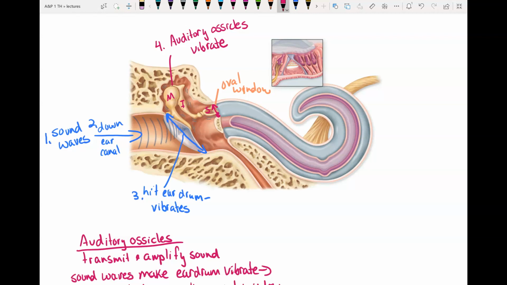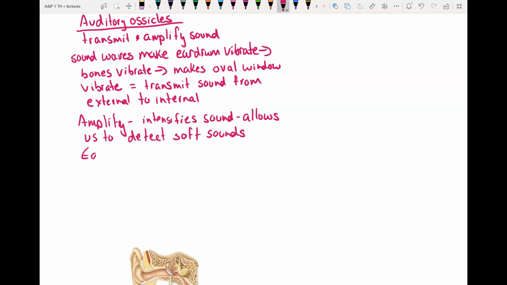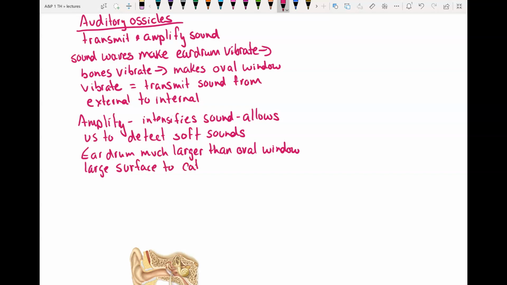So the eardrum is much larger than the oval window. So you have a large surface to catch the sound waves. Then you concentrate them down onto a small surface.